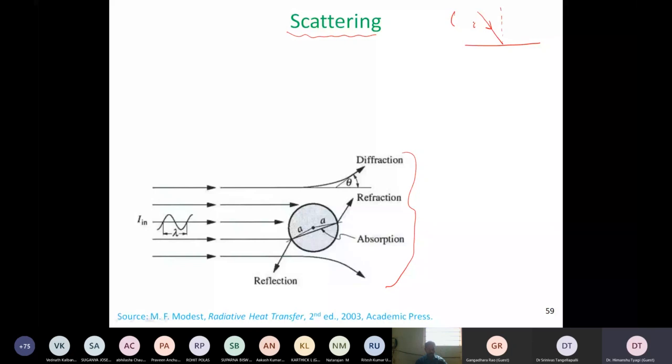We know from the first law of reflection that light will reflect from this reflective surface at this angle theta r. So theta i is equal to theta r. This is the first law of reflection. And we also know about refraction, which is something when light travels from one medium to another medium.